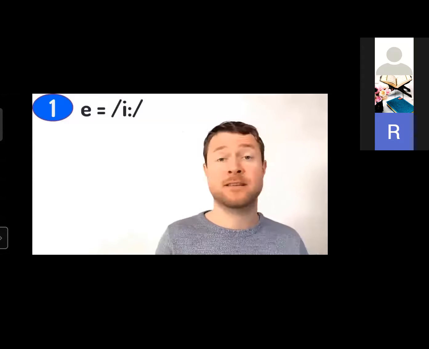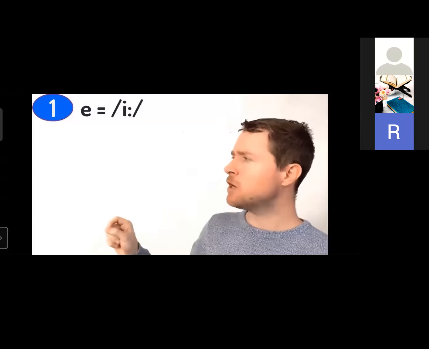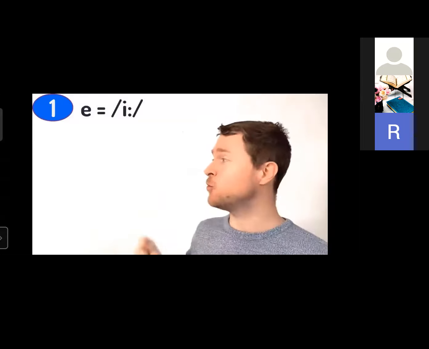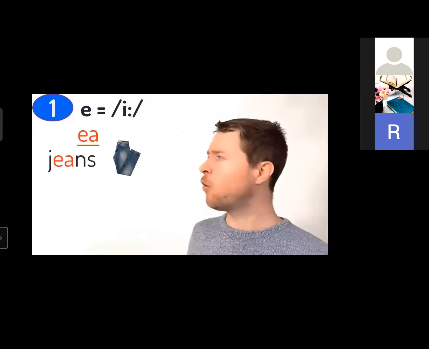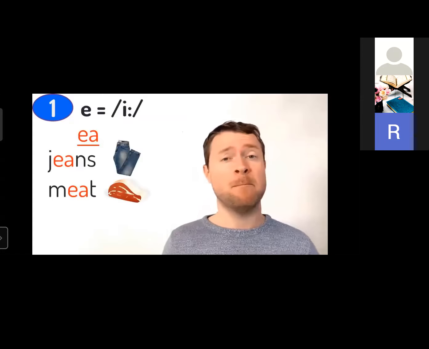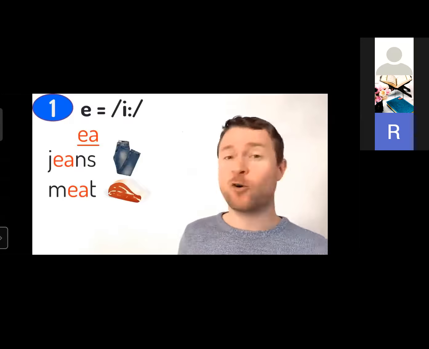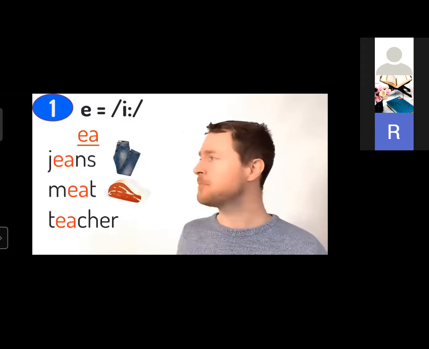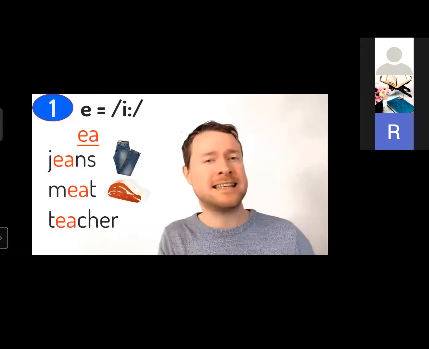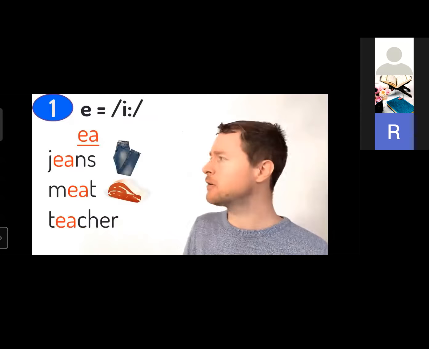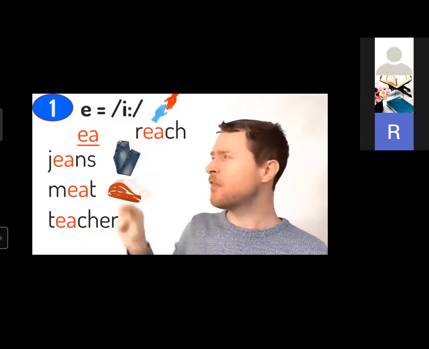Also, we often pronounce the letter E as E in words where it appears next to an A. So the letters EA together. If you look at words like jeans, or meat, or even teacher, teach, okay, and reach.